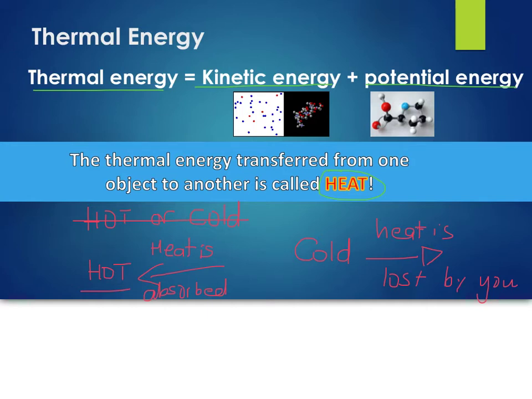So you're losing heat. That's why you feel cold. So again, hot or cold is just a perception. It's just a feeling. It is relative to each individual. The only thing we can directly measure is heat, the transfer of thermal energy.